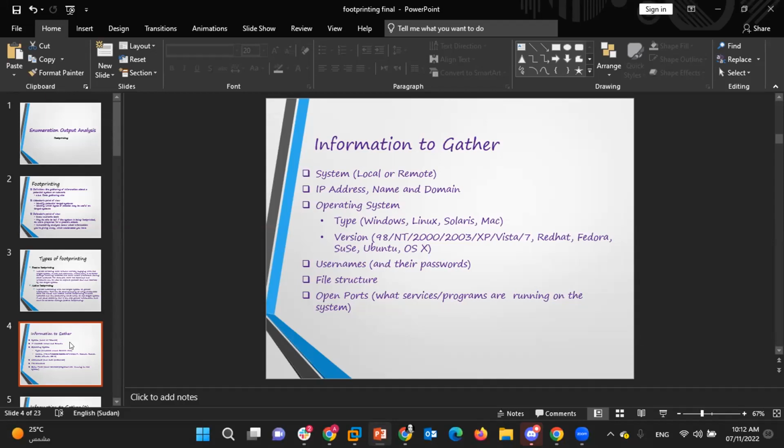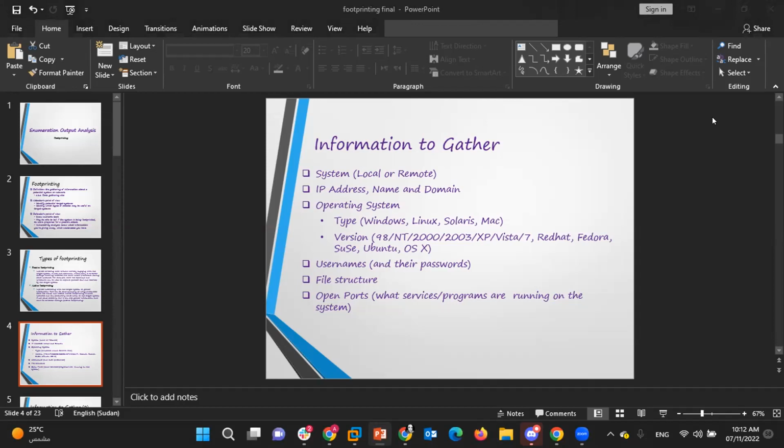If he knows the company website, he can use the dig command or NSLOOKUP to retrieve the IP address for this service or for this server.